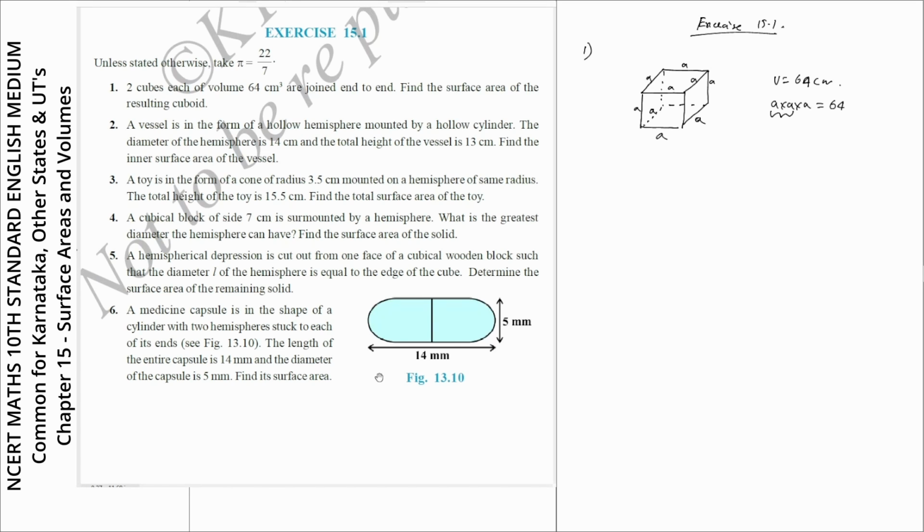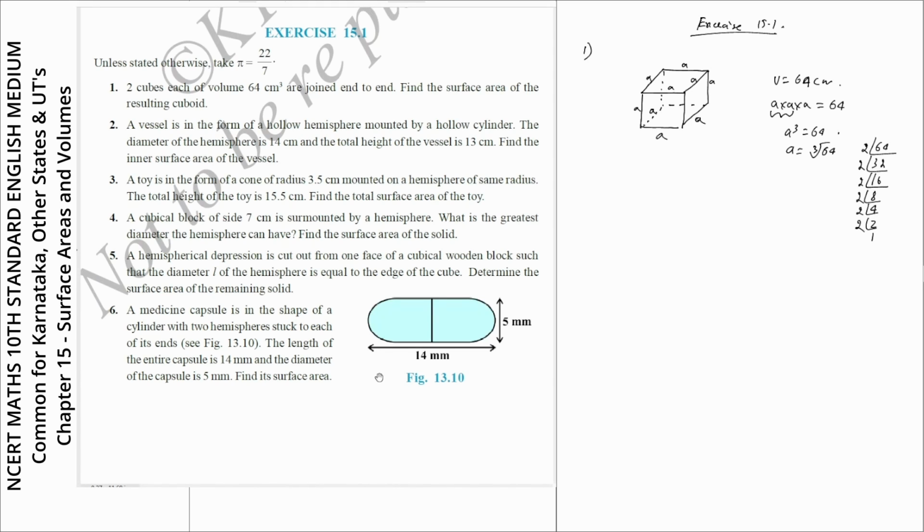Now A cube is equal to 64, or A is equal to third root of 64. If I factorize 64: 2 3s are 6, 2 2s are 4, 2 16s are 32, half of 16 is 8, half of 8 is 4, half of 4 is 2, then 2 1s are 2.